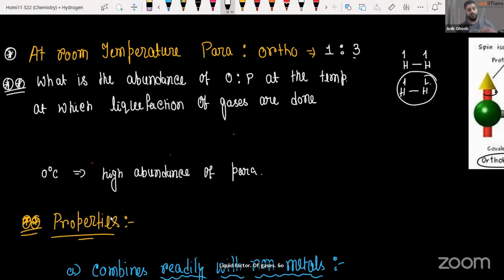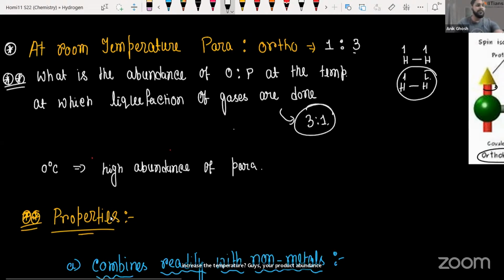So at the temperature when liquefaction of gases is done, that means, guys, in easier terminology, we can consider this to be the higher temperature. So there also you can consider that ortho would be more, para less. So the more you increase the temperature, guys, your ortho abundance goes higher up and para abundance goes down.